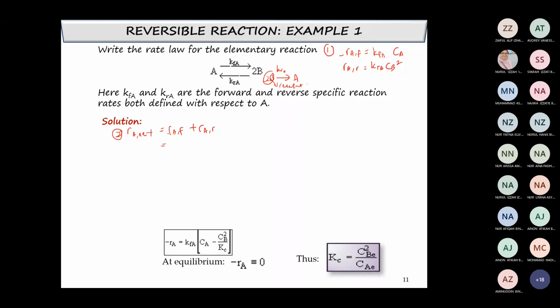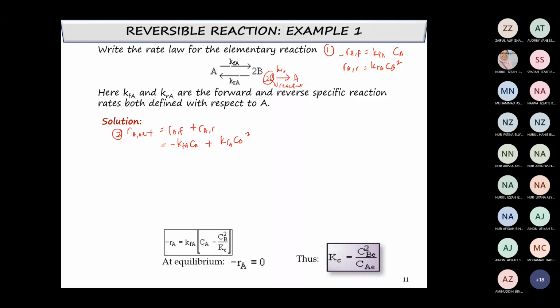Okay, sebab sini nak positif, so kita balikkan lah jadi negatif ni. So negative KFA CA plus with the KRA. Okay, ni F, ni R ya. CB kuasa 2. Okay, so daripada sini yang kita nak ni adalah kita nak definekan dia.